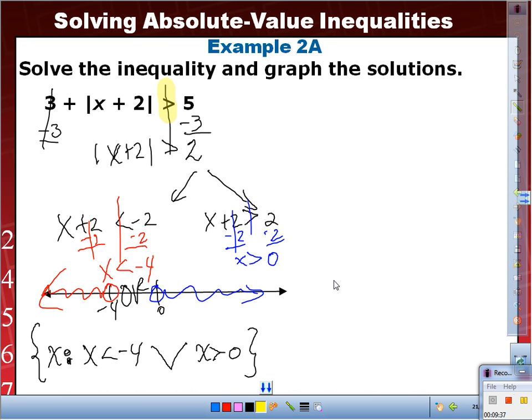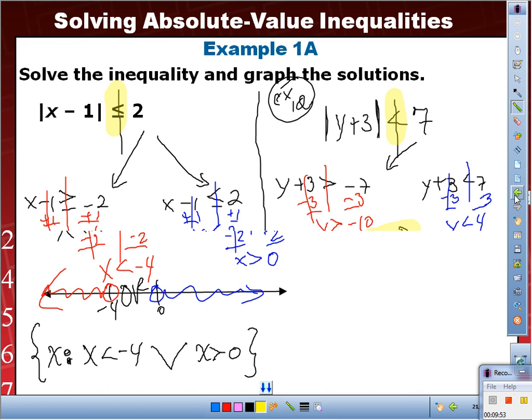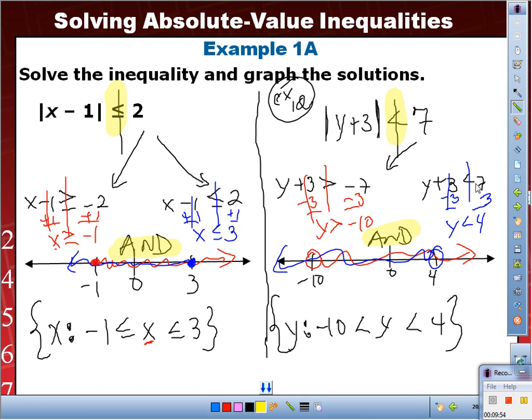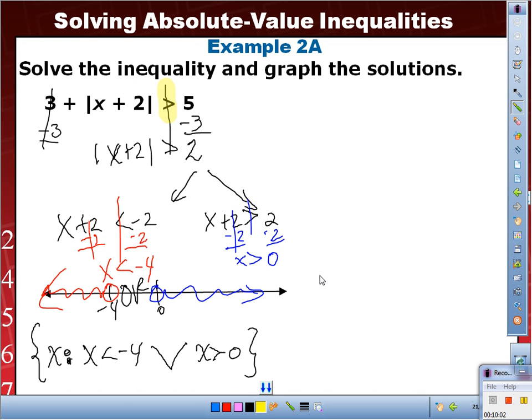All right, let's see. Who can elaborate on this one? Audrey. If the inequality is pointing to the left, it's an and, and if the inequality is pointing to the right, it's an or. Hands if you saw that.